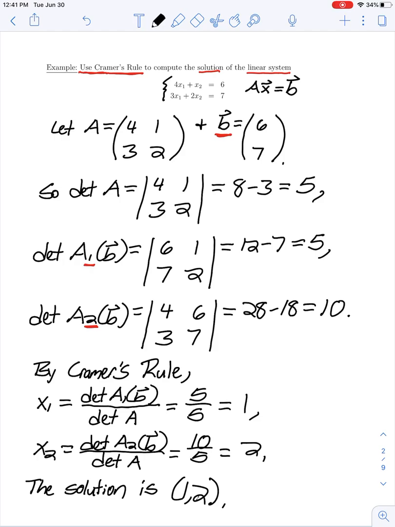And one thing to keep in mind in the statement of Cramer's rule, we were assuming that the coefficient matrix A is invertible, so that our equation Ax equals b has a unique solution, as guaranteed by the invertible matrix theorem.